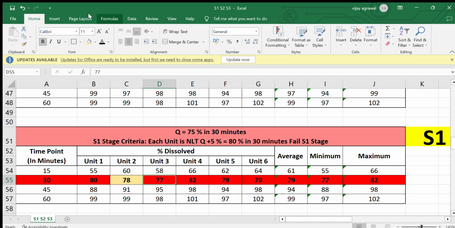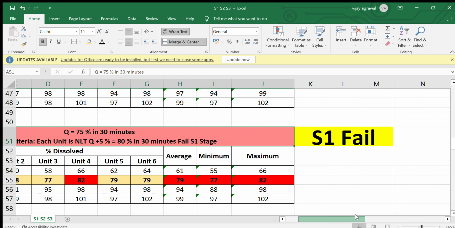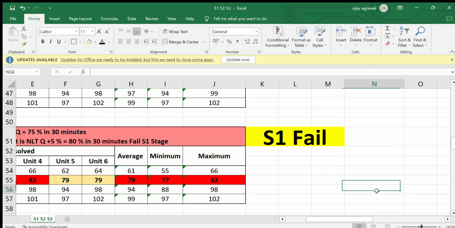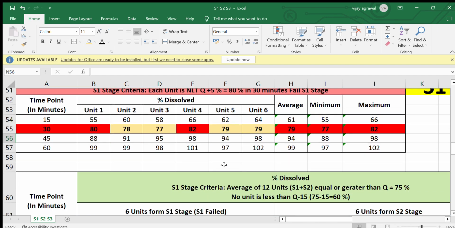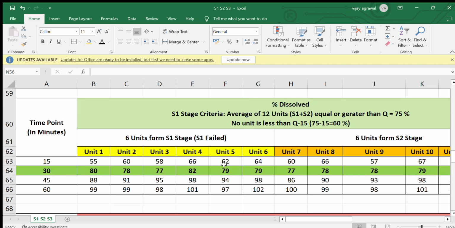This one, then this one, then this one, this one and this one. This is the average. So some of the units are less than 80%. That's why here the S1 stage is failing. Now once this happens, we have to go to S2 stage by taking another 6 units, and now you will be having data of 12 units.